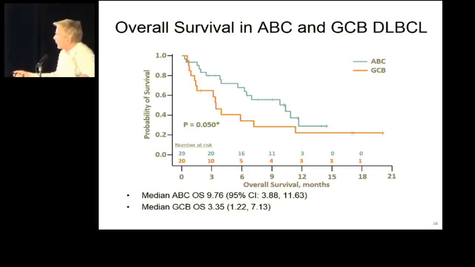And what I can tell you is that we have looked retrospectively at the outcome of ABC and GCB relapse cases, and actually they both have very similar OS. There's no difference. So this is probably being driven by the fact that these cases are being actively treated by this drug.